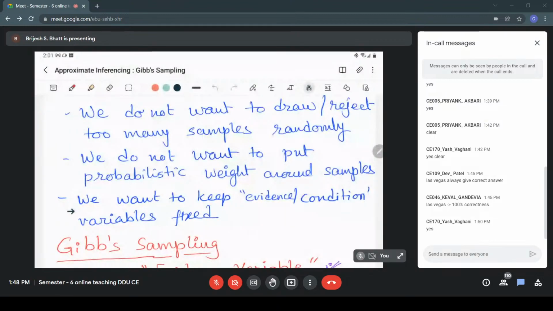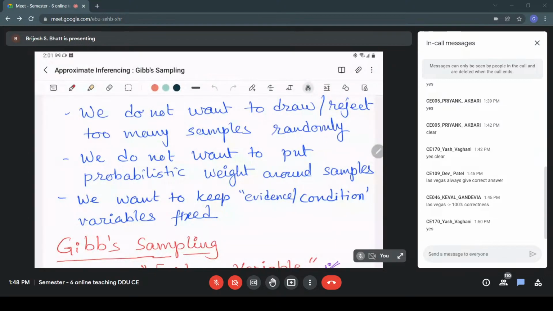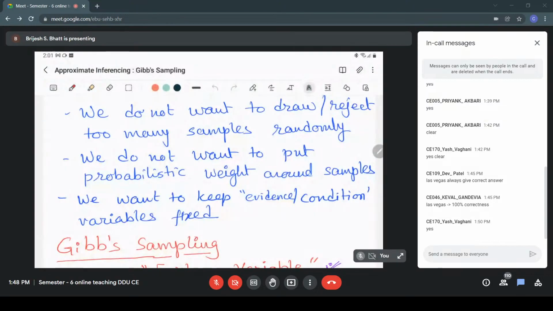And we want to keep the evidence or condition variables fixed. So we take some idea from likelihood weighting, particularly the one where we keep the evidence variables' values fixed. But we do not want to do this probabilistic weighting of likelihood, and also we do not want to reject samples. So how do we do it? The answer is Gibbs sampling.